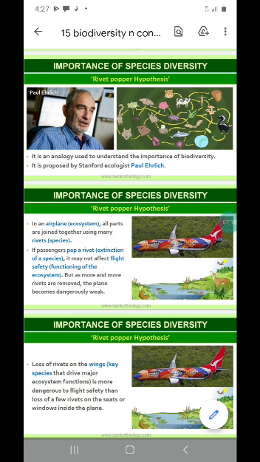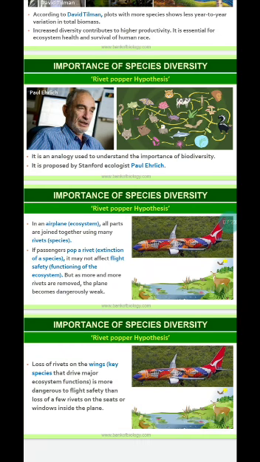In the same way, I have already told you about the contribution given by the species to the ecosystem. That counts. Not the size or anything else is important. So that is the rivet popper hypothesis.